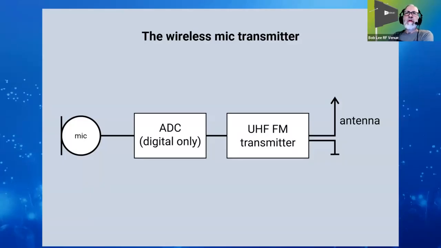That can vary from brand to brand and model to model. And in some countries, the amount of deviation is controlled, so they can only do maybe plus or minus 15 kilohertz or something like that.